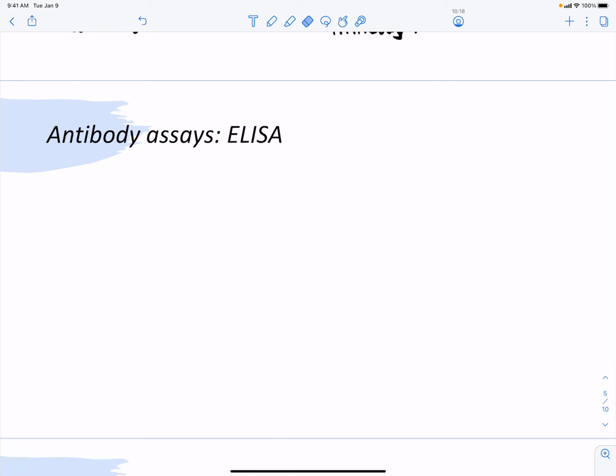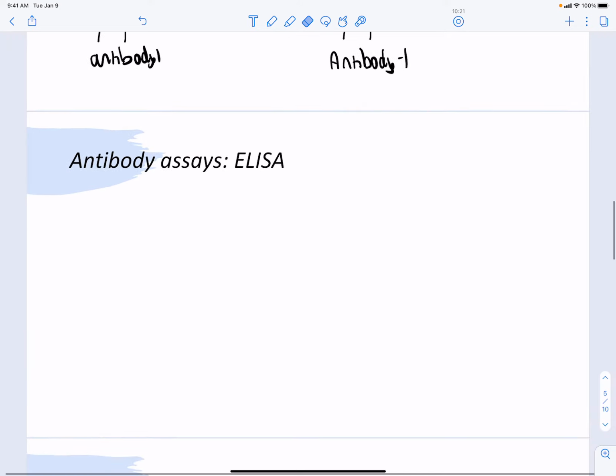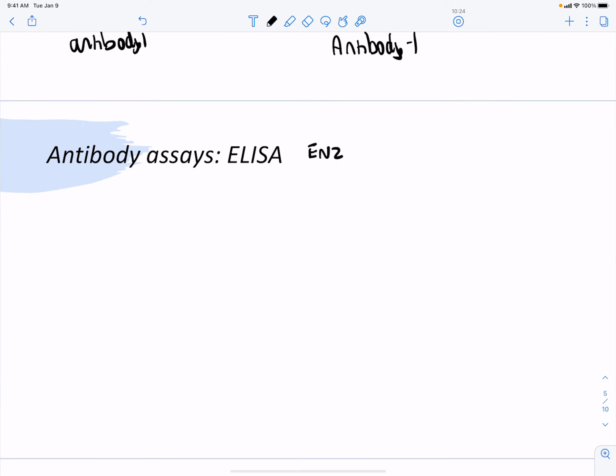ELISA is enzyme-linked immunosorbent assay. An ELISA is very sensitive and simple. It basically uses the approach that you have a particular antibody that's specific for a particular antigen.